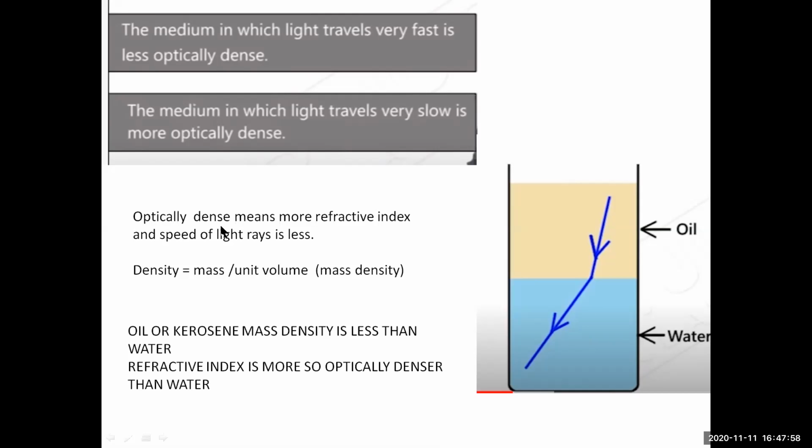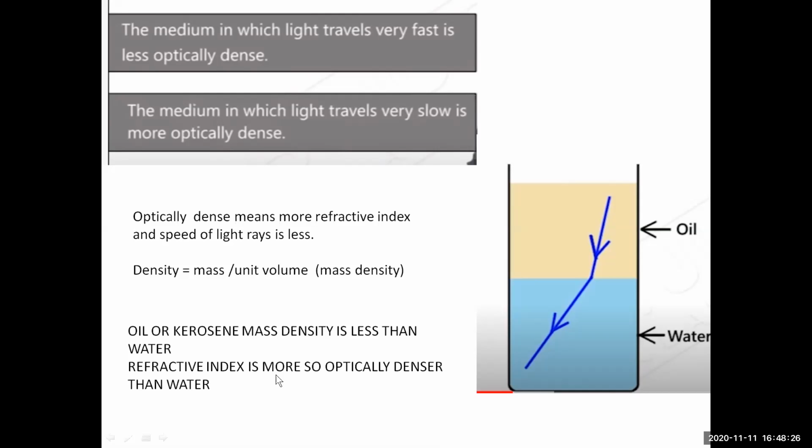Now what does optically dense mean? For more refractive index, the speed of the light rays will be less. Now, what is density? Density is mass per unit volume. We call this mass density. Mass density for water is more, and for oil or kerosene, mass density is less than water.